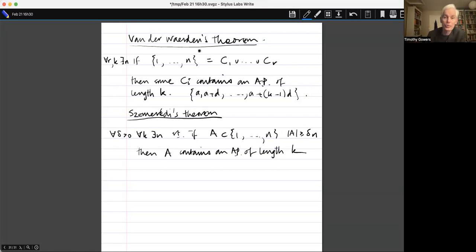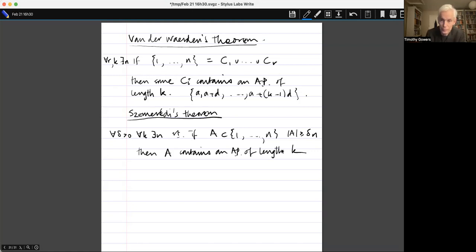So let's see why Szemerédi's theorem trivially implies van der Waerden's theorem. The reason is we set delta to be 1 over r. Then we choose our colouring of the numbers from 1 to n. By the pigeonhole principle, at least one of these sets has density at least delta if we've chosen delta to be 1 over r. And so that colour class, the densest colour class, or indeed any colour class that has density at least 1 over r, if we've chosen n appropriately, will contain an arithmetic progression of length k by Szemerédi's theorem.